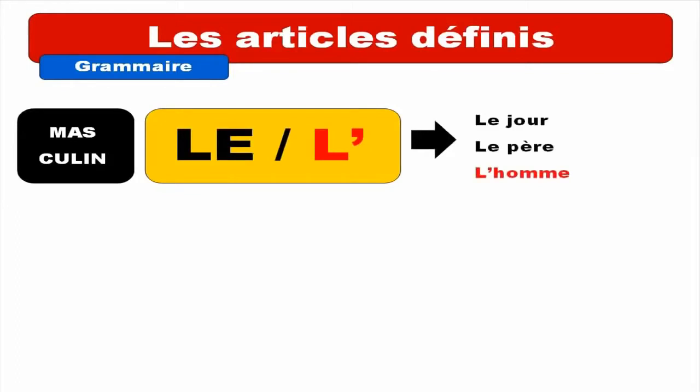Okay, so le jour, repeat. Le jour, okay, and then le père, repeat. Le père, okay, and then for the last example, I choose on purpose a word starting with the H, okay, and then you get l'homme, repeat. L'homme.